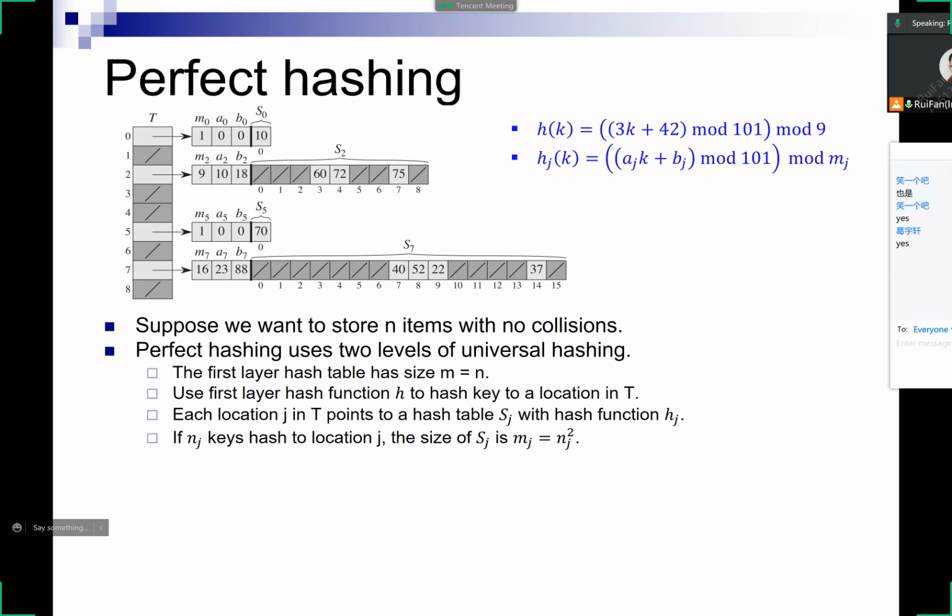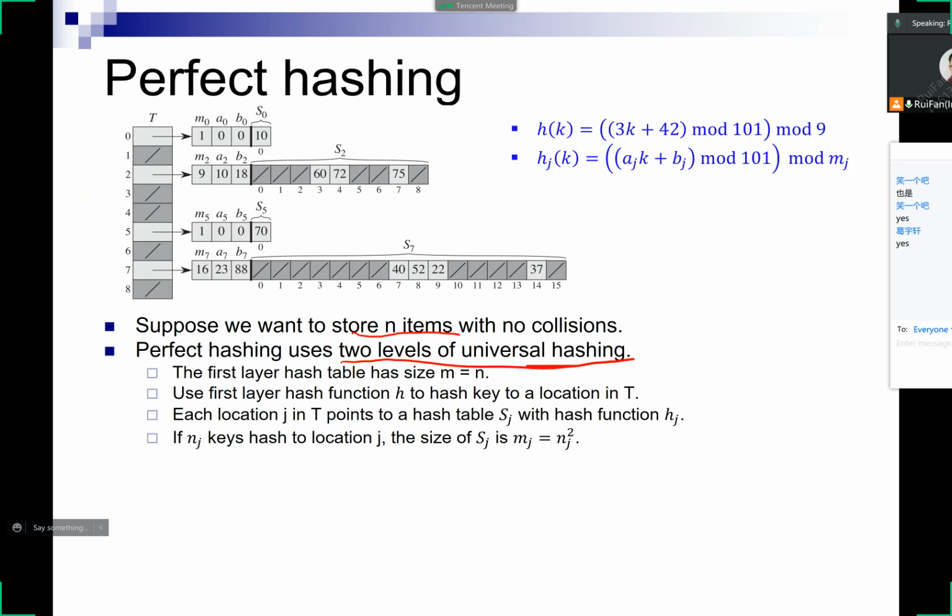Okay, so let's see how perfect hashing works. Suppose you're trying to store n items, and you want to guarantee that you don't have any collisions. Then perfect hashing is going to make use of universal hashing. In fact, it's going to use two levels of universal hashing. So what I mean is that we're going to make a data structure which looks like this picture.